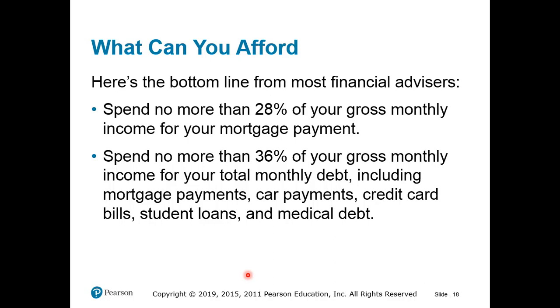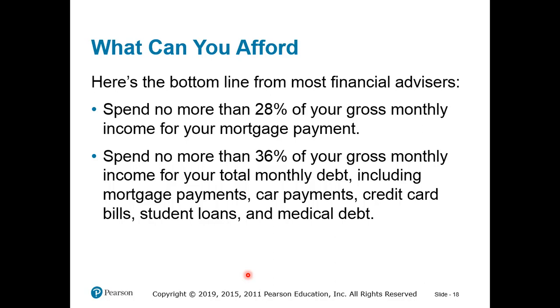Or, spend no more than 36% of your gross monthly income for your total monthly debt, including mortgage payments, car payments, credit card bills, student loans, and medical debt. So if you take all of your monthly debts, including your mortgage, you do not want that amount to be more than 36% of your gross monthly income.